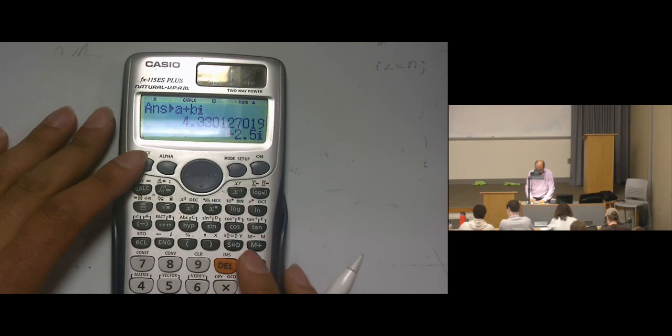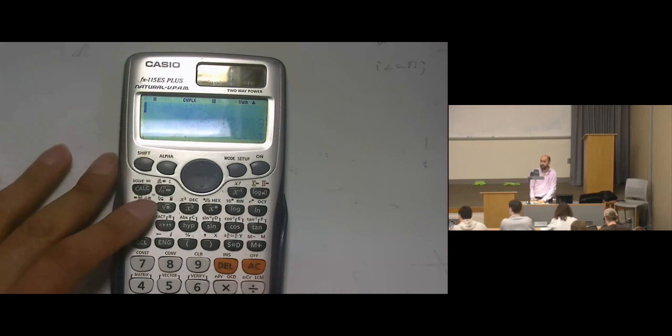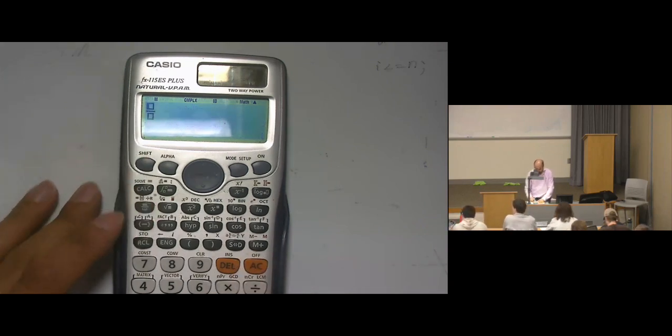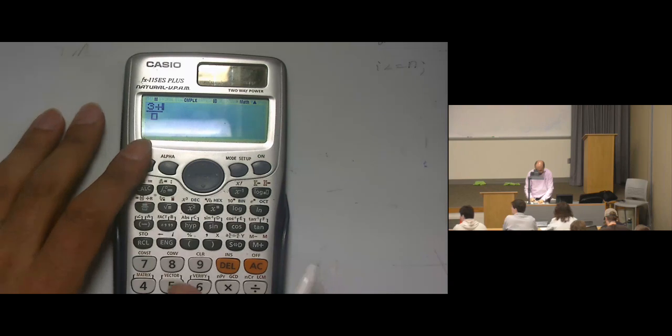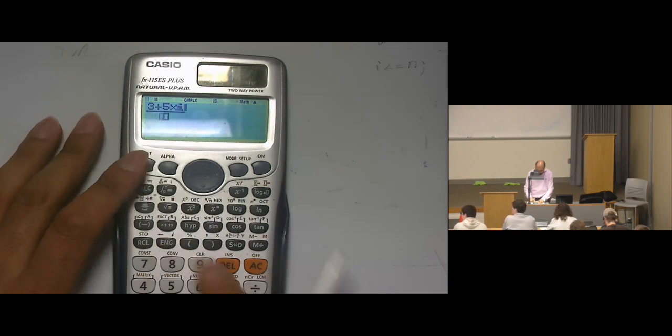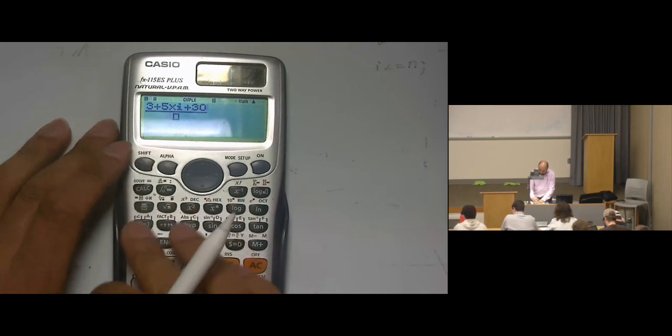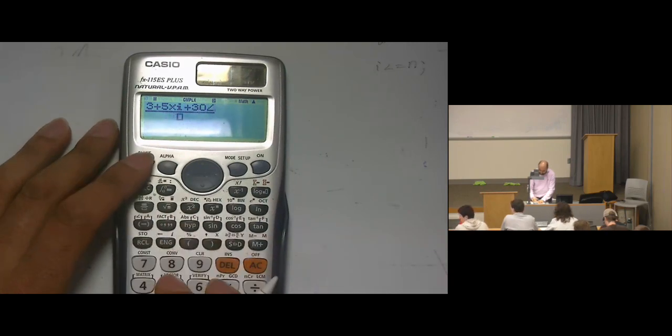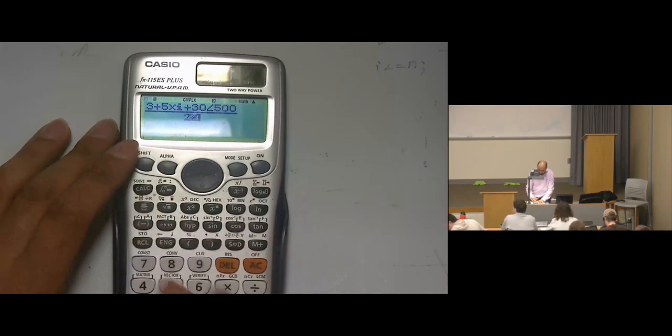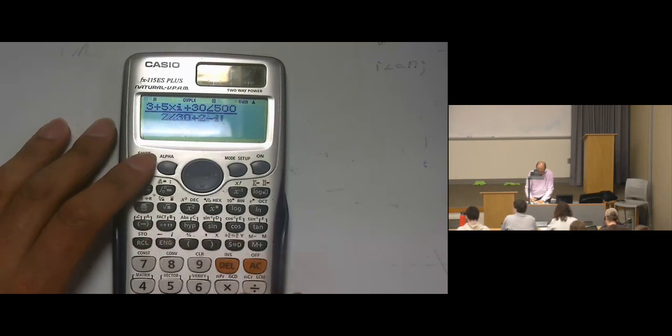Then the last thing, how to do the arithmetic analysis. Let me say I need to enter 3 plus 5 j5, or 5 times I, plus 30 angle 50 degrees, divided by 2 angle 30 plus 2 minus I times 6.